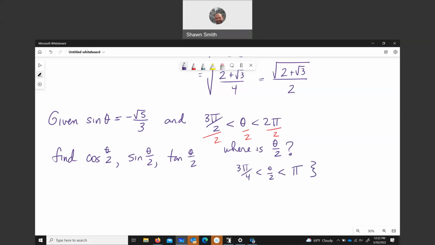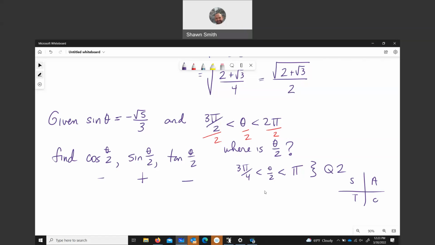So between those two, that is quadrant 2. So we can already determine what signs we'll choose for cosine, sine, and tangent. All students take calculus. Everything in quadrant 2, the only thing positive is sine and its reciprocal cosecant. So sine will be positive. All these will be negative.